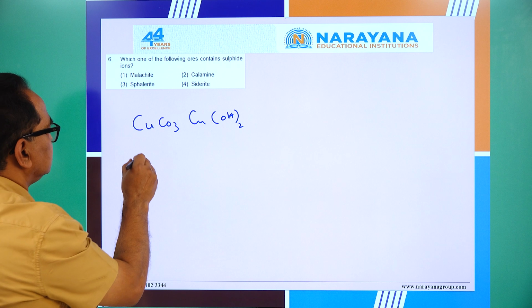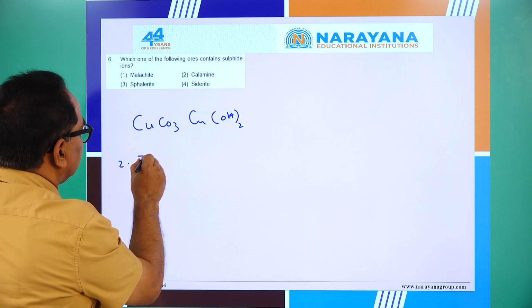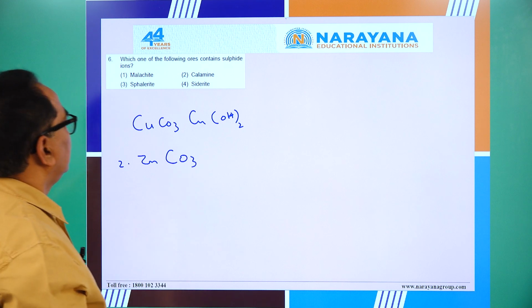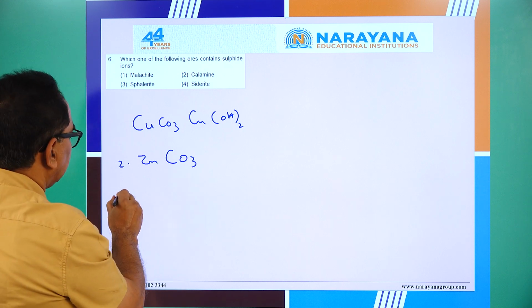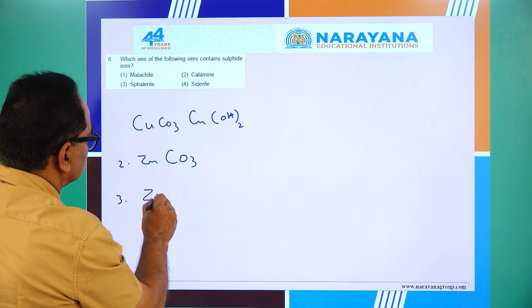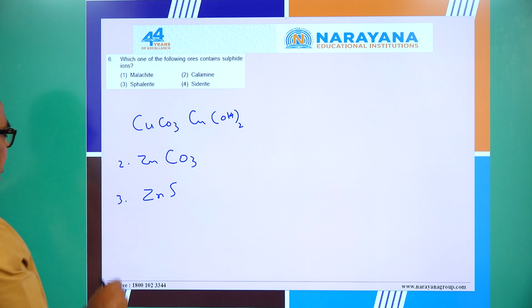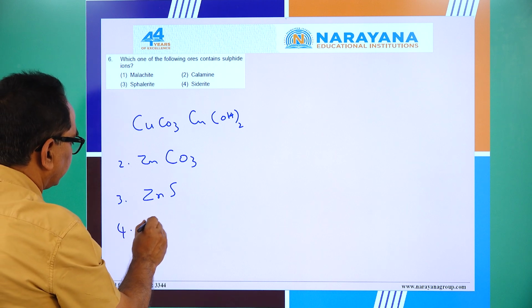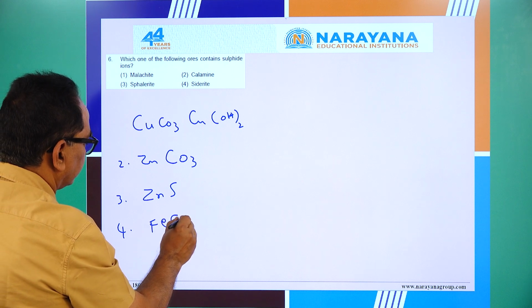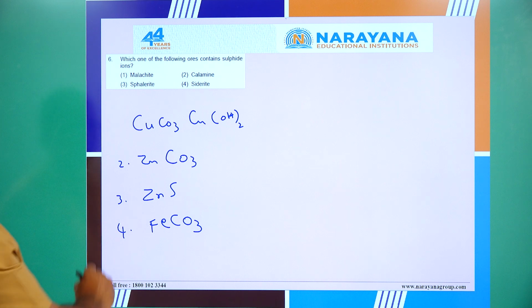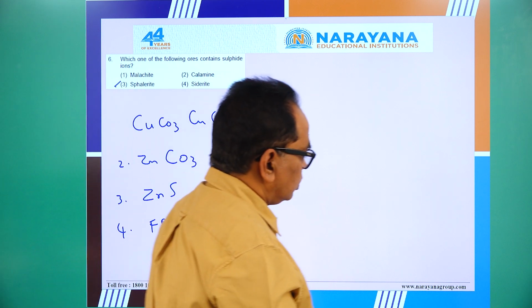Calamine is ZnCO3, and sphalerite is ZnS, and siderite is FeCO3. The correct option is 3. This has sulfide ions. So moving to the next question.